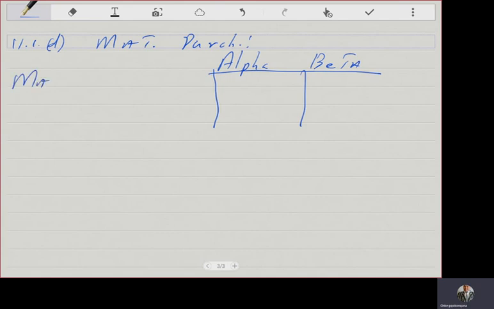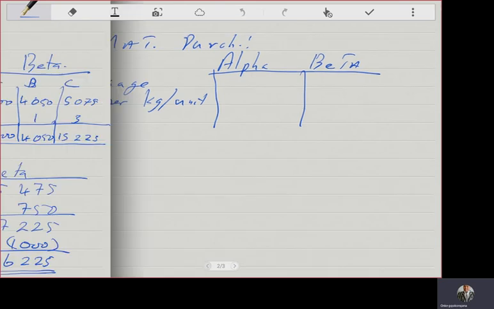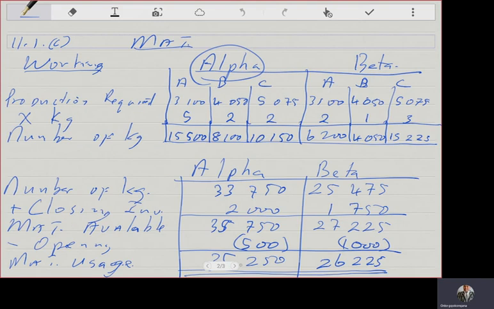You'll take your material usage and multiply by the price per kg or unit of a raw material, of course. So our material usage, we're given 35,250, that's what we've calculated, and 26,225.